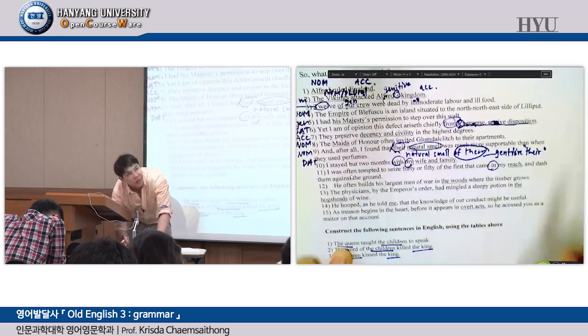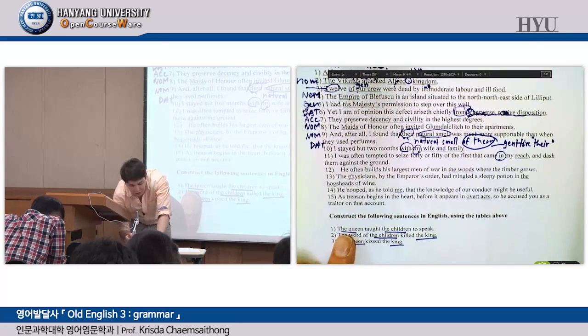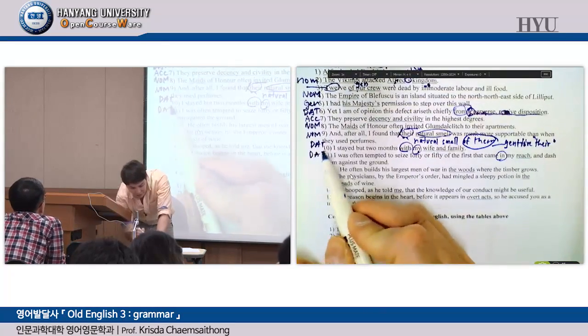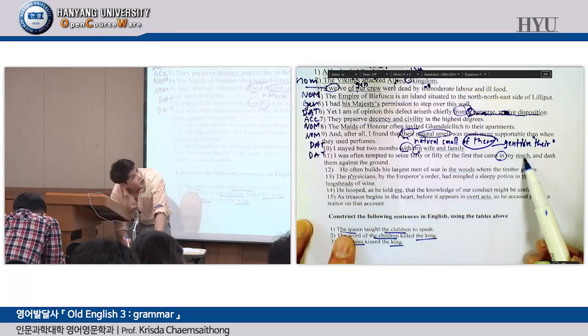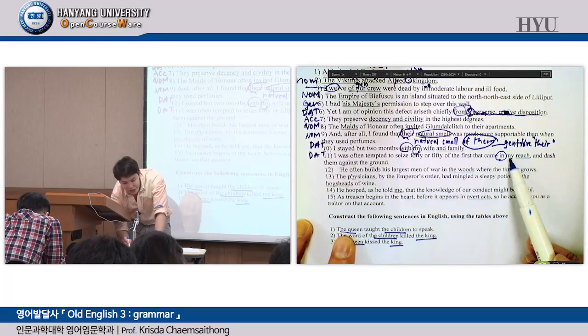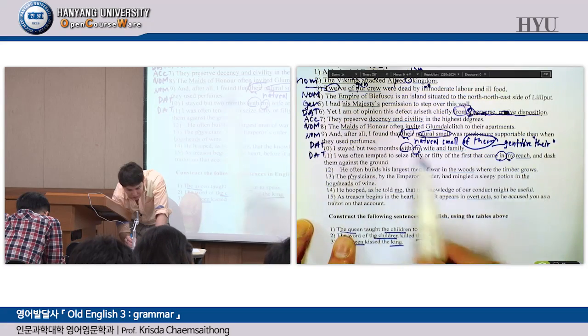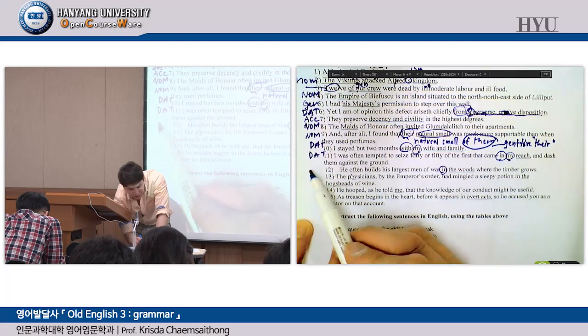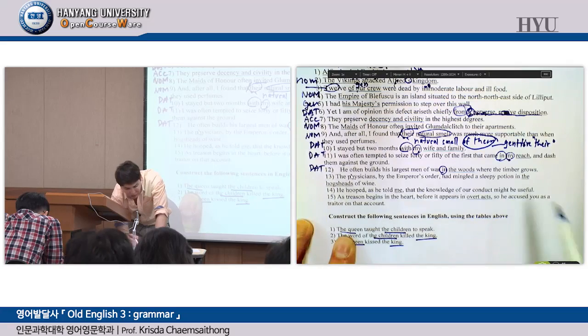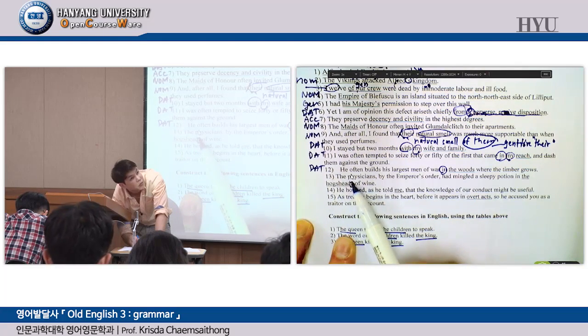You see the word in, so in my reach would be dative, not genitive, because genitive is my already. Number 12, in the woods, so dative. Number 13, in the hawk heads, dative, and also dative plural.